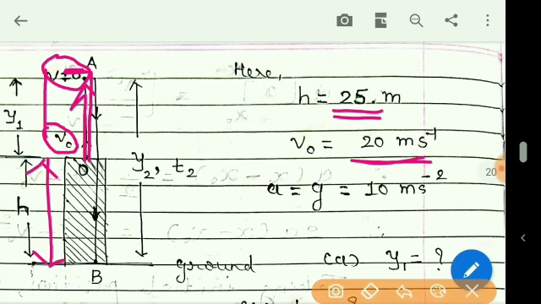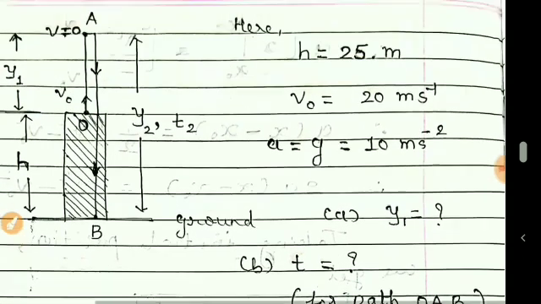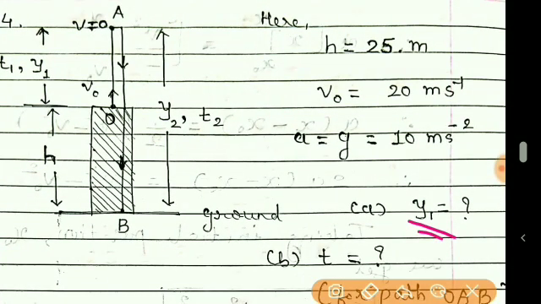So here from the figure it is clear that to move from this point to this point, it takes suppose time t1, and this much distance from the top of the building to this point where the velocity instantly becomes 0, that height is taken as y1. So here what do we have to find? We have to find that height y1, that is this much.